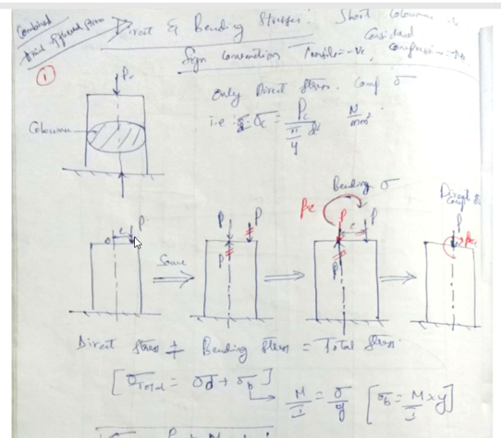Now see, I am applying this load at some eccentricity E. If I want to represent this load at the neutral axis, then what I can do is I can apply equal and opposite load at the neutral axis.